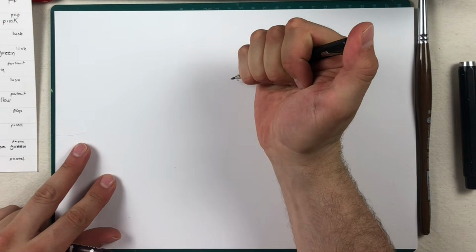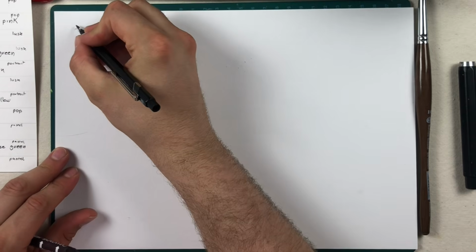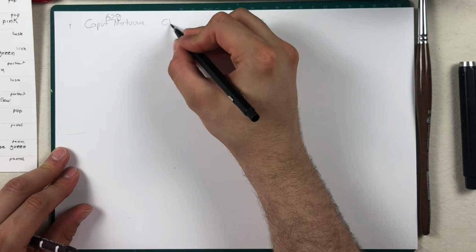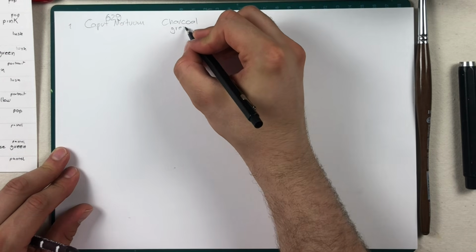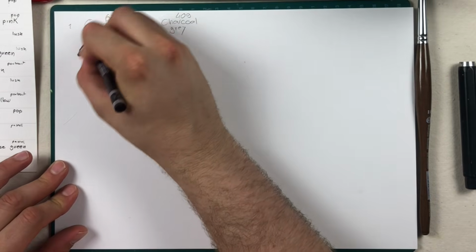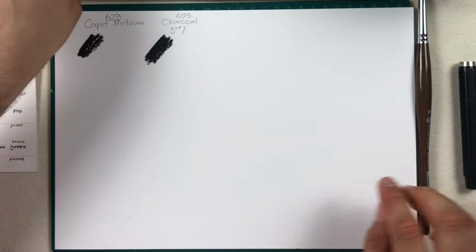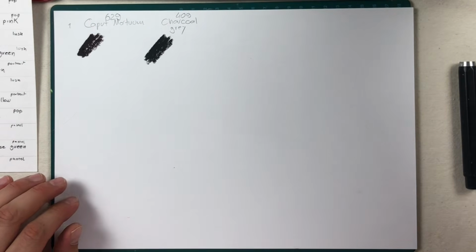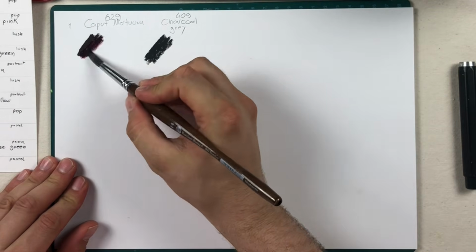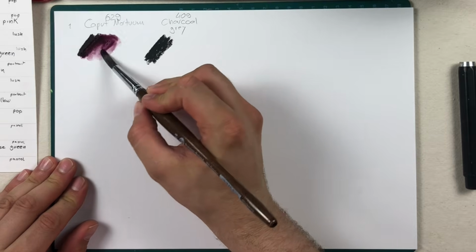We start with the first pair, which is Caput Mortuum and Charcoal Gray. And I'm gonna do a little swatch of the two. So they are quite close, but you can still distinguish them. And now we activate them.